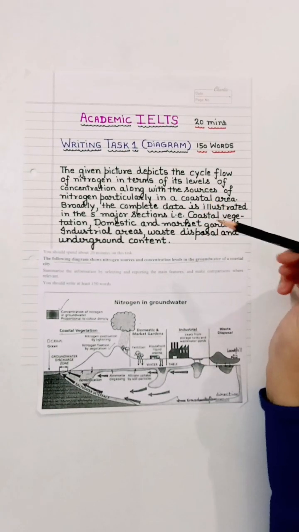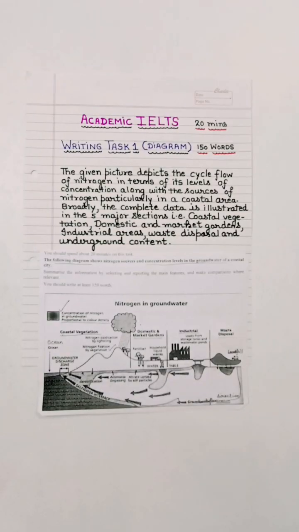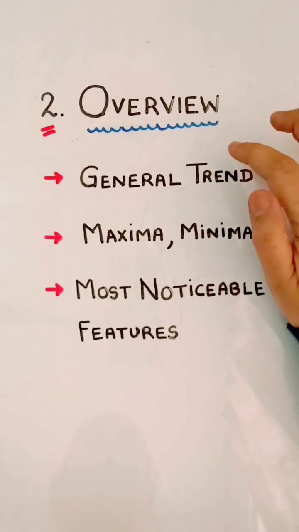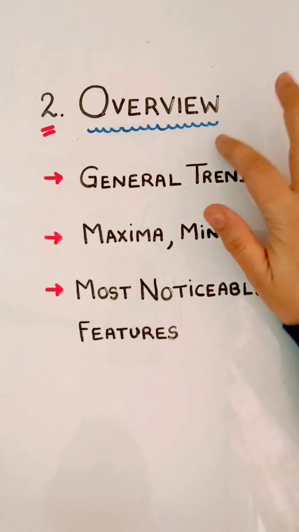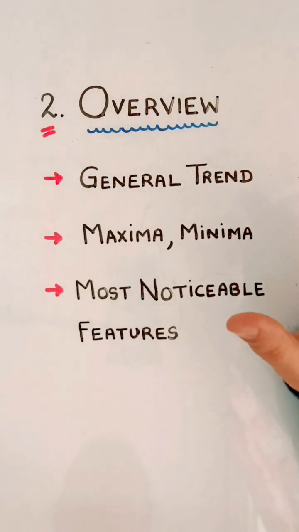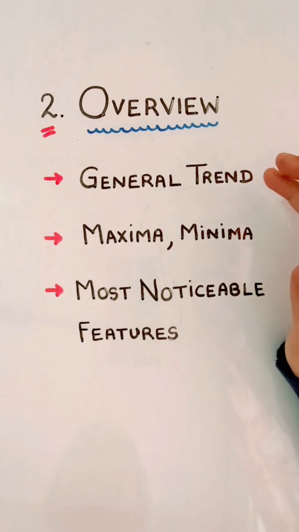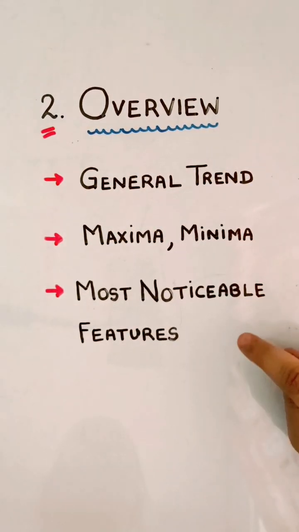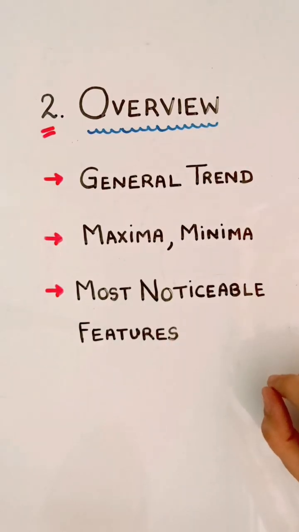Okay. Now let us focus on the next one. Now the second paragraph is the overview. I just told you that we have to write 5 to 6 lines in the overview. But what exactly are the hints? With the help of these hints, you will never forget what exactly you are going to write.